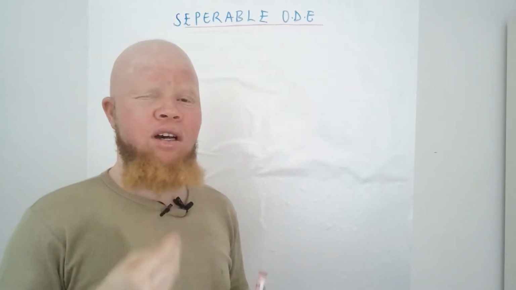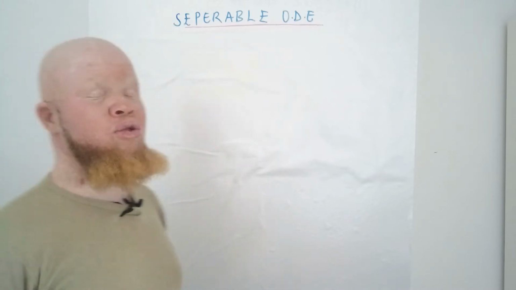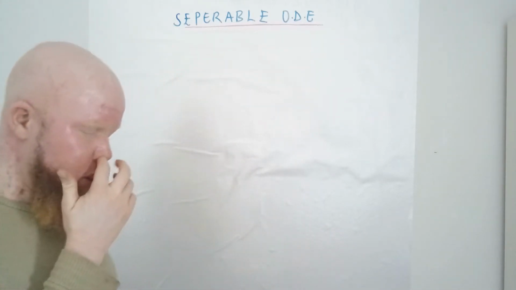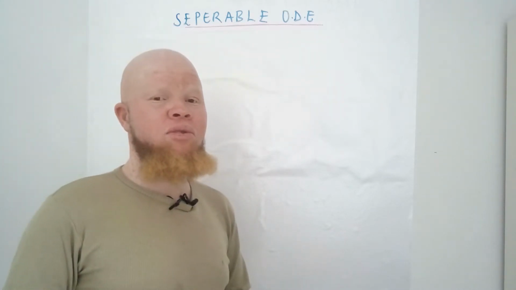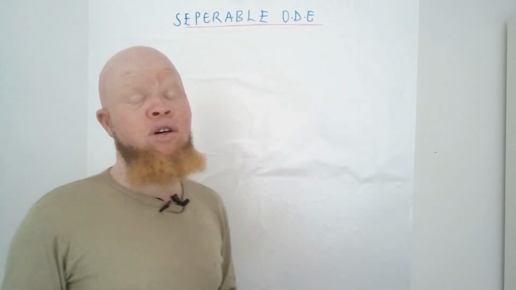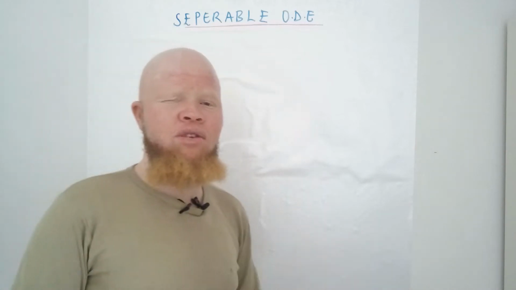And after finishing introducing the course, it's good that we should now start. So this is where the journey begins, and we will start with separable differential equations. This course is divided into mainly two categories: first order differential equations and second order differential equations.